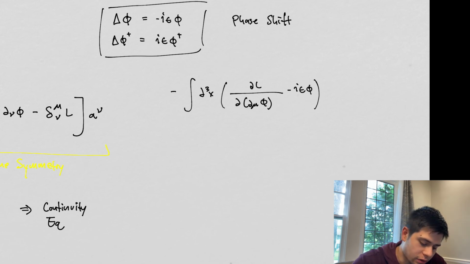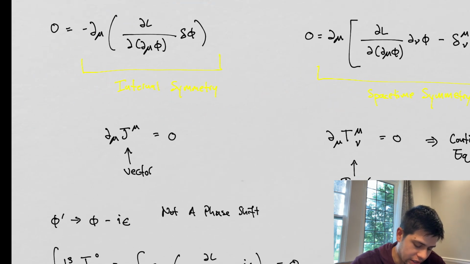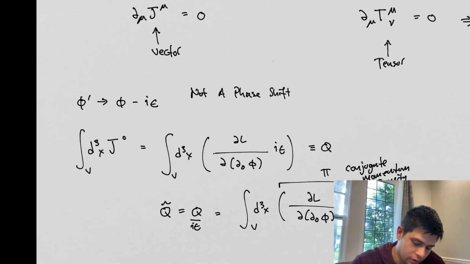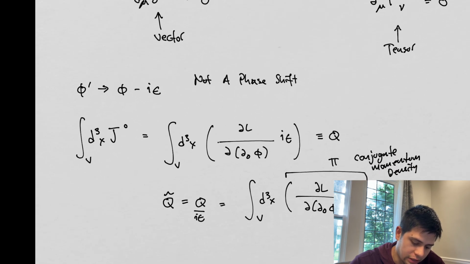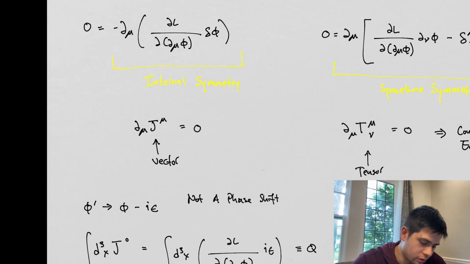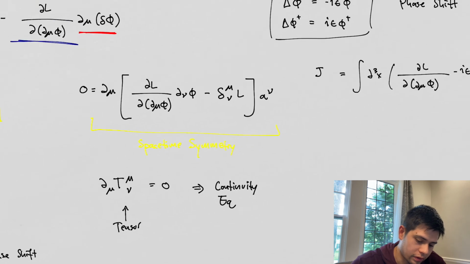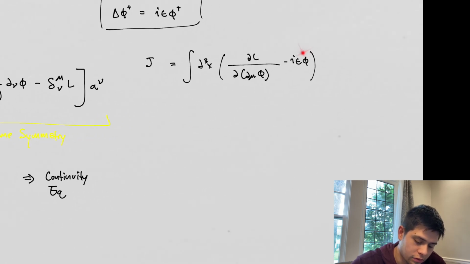What we're going to call this is J, because we did that over here. This right here was J.